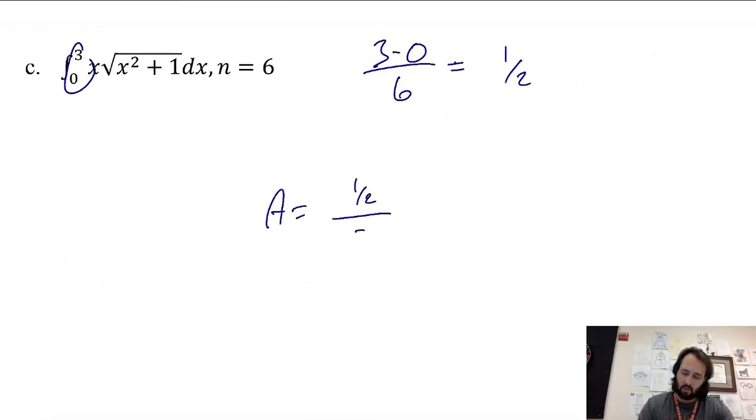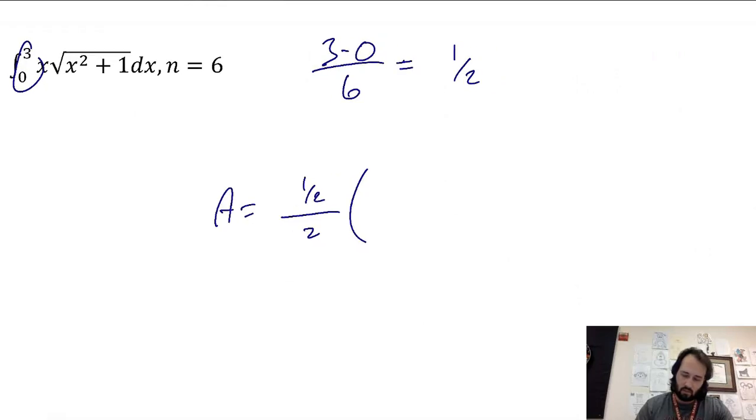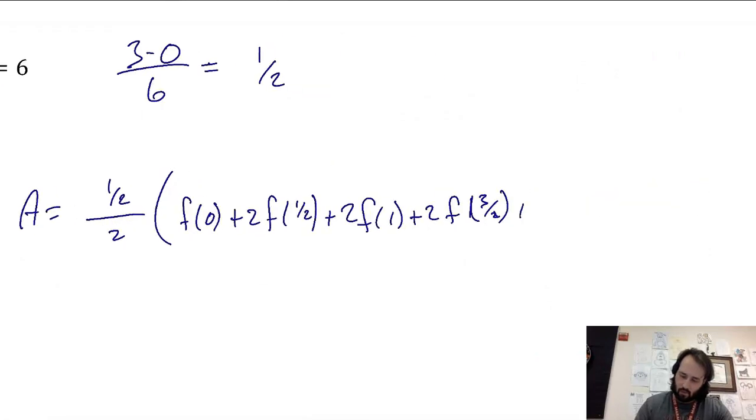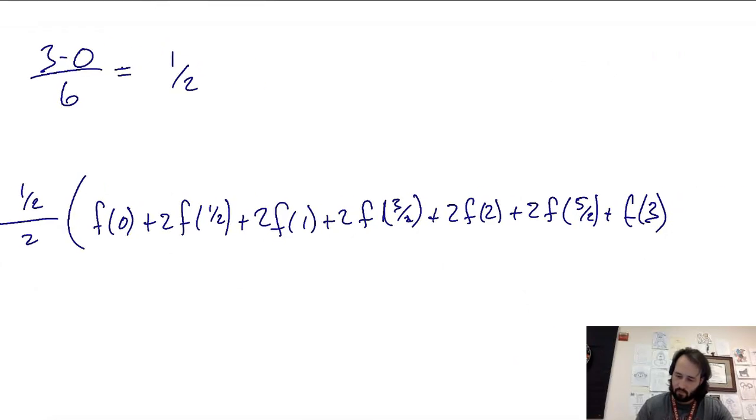So 1/2 divided by 2 times f of 0 plus 2f of 1/2 plus 2f of 1 plus 2f of 3/2 plus 2f of 2 plus 2f of 5/2 plus f of 3.